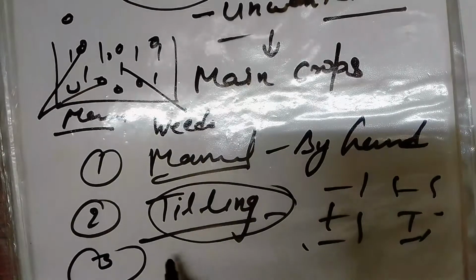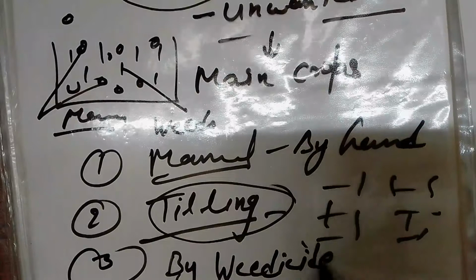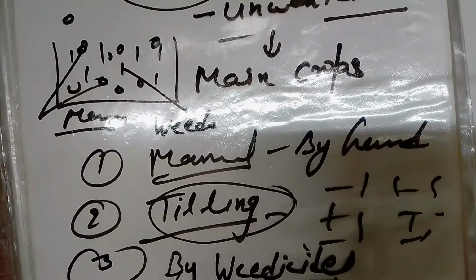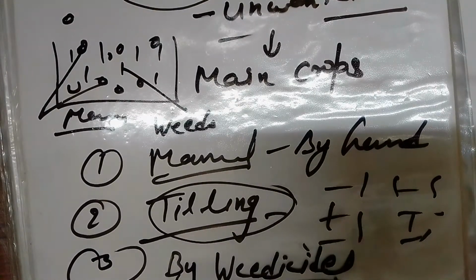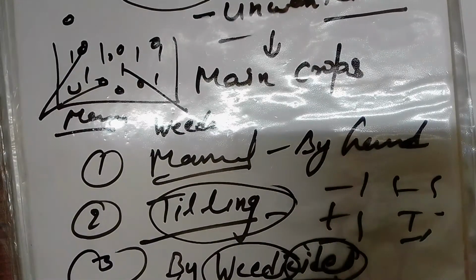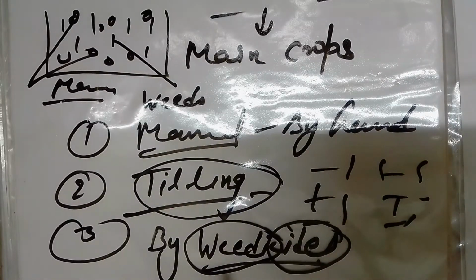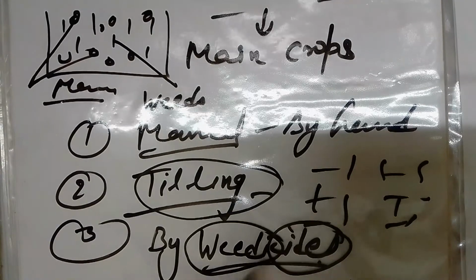Third one is by the chemicals which are called weedicides. Weedicides: weedy means weeds, cides means killing effect. So they can be removed by spraying certain chemicals which help in killing these weeds.